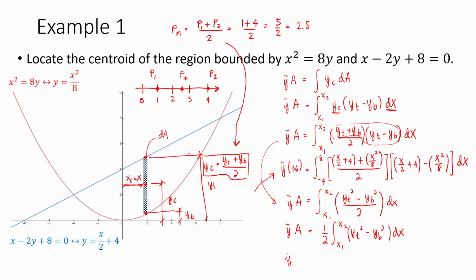Okay, so this will be y bar times the area, 36, and then 1/2 from negative 4 to 8 of x over 2 plus 4 squared minus x squared over 8 squared dx.